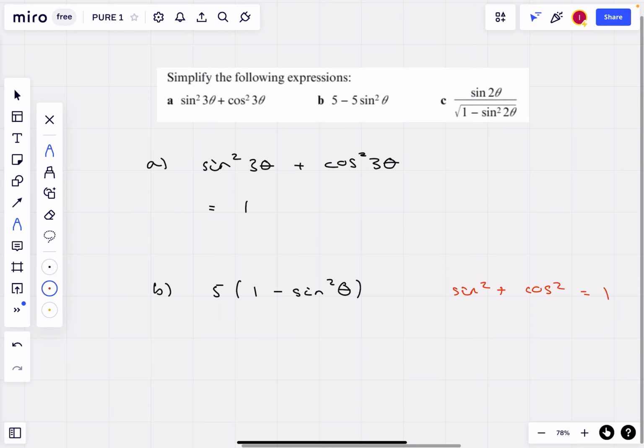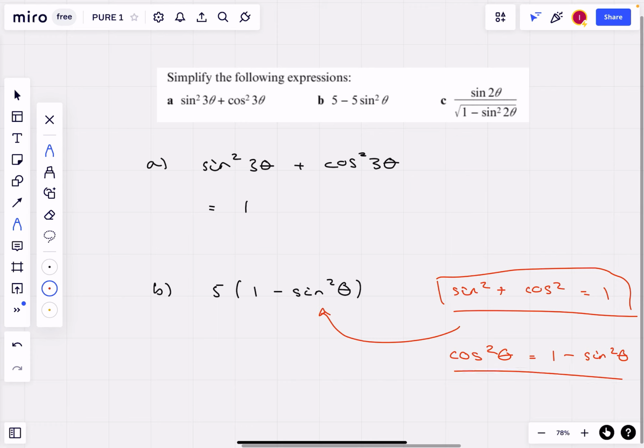How can you manipulate this or rearrange it so you get something similar to this? You can take that sine squared to the other side. 1 minus sine squared theta, this you can plug in.